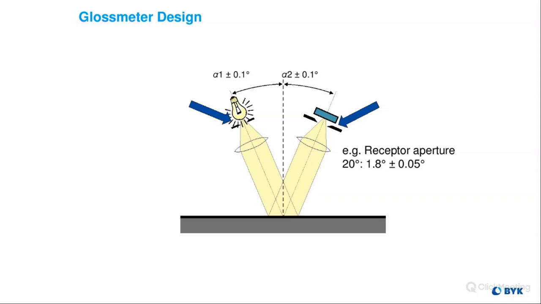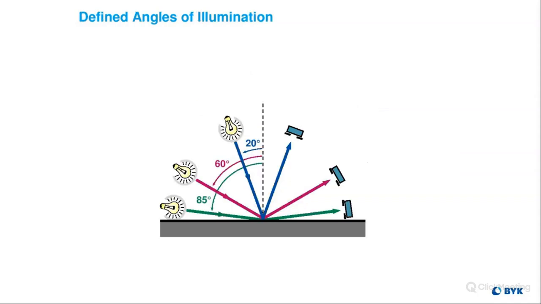So it's not as simple as just a light source and a detector inside these instruments. There's a lot of other precise components that make this instrument very accurate and can prove to be very vital in getting these types of gloss measurements. So I just wanted to go over that briefly.